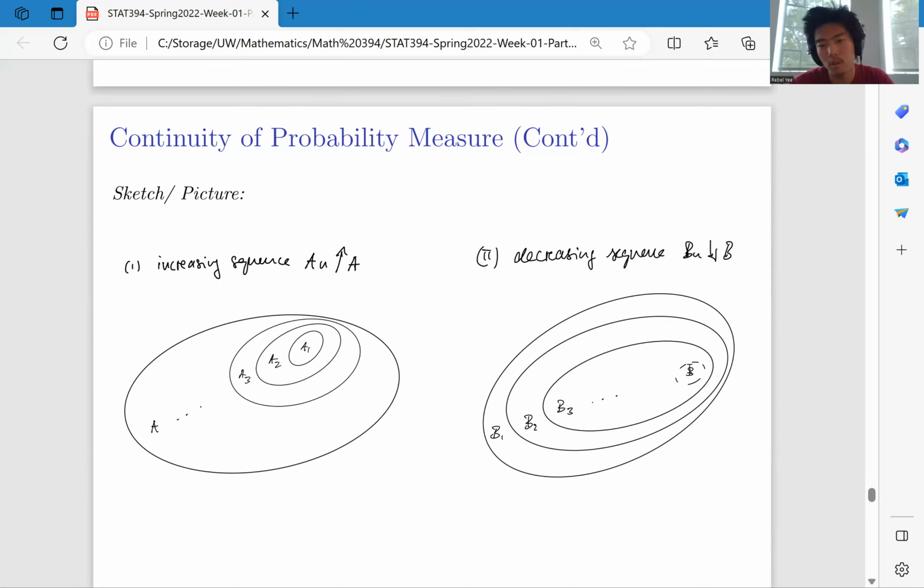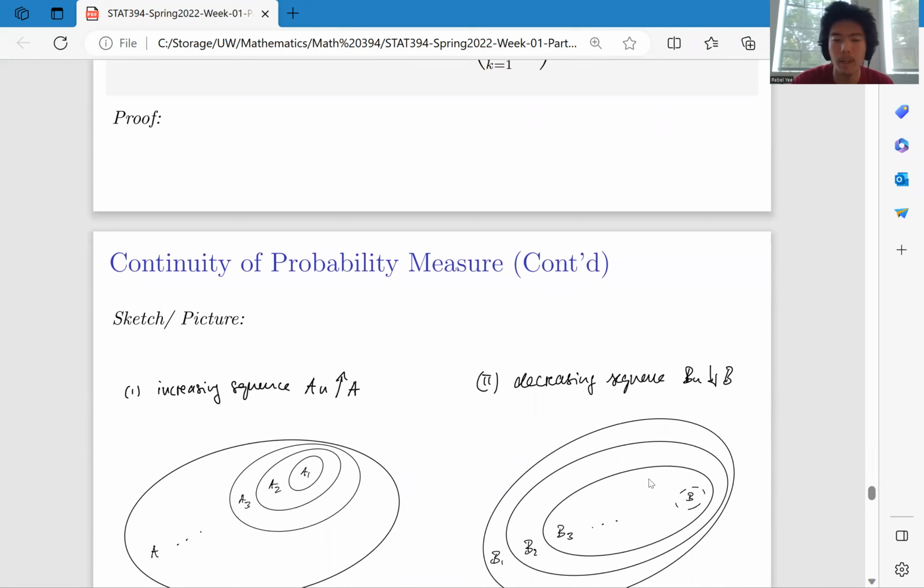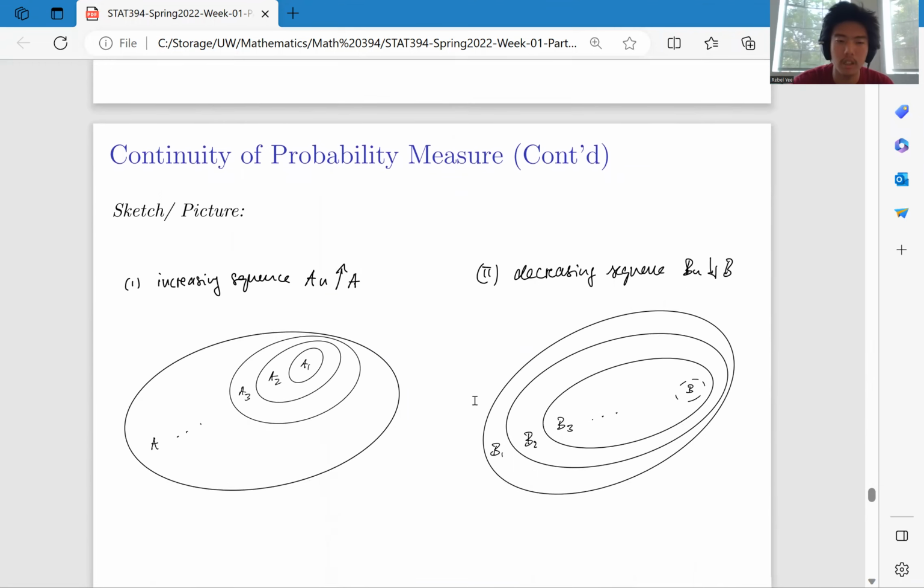So as it goes to infinity, B will be pretty small, but it can also represent the original set, because a subset can be equal. So this is flexible. B can be small, B can be large.